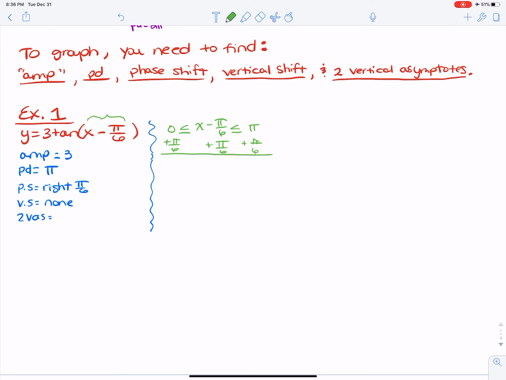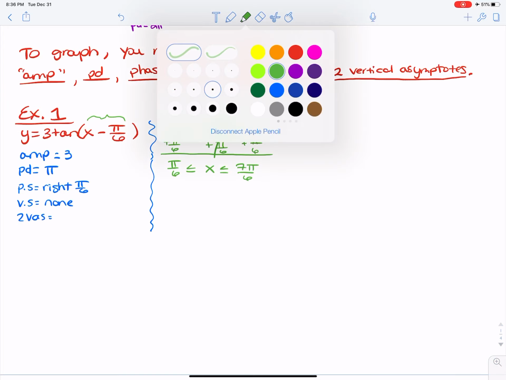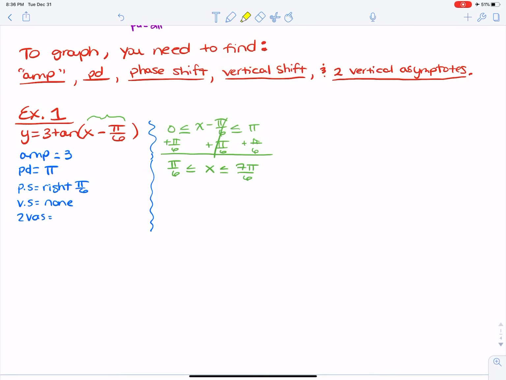And we solve this. That goes away. So this is pi over 6 is less than x, which is less than or equal to, and that is 7 pi over 6. That part right there, it is now our starting point for our points.